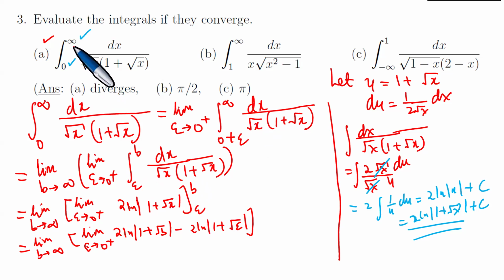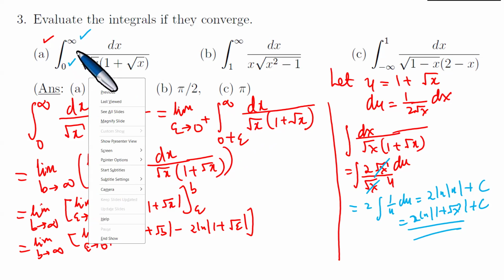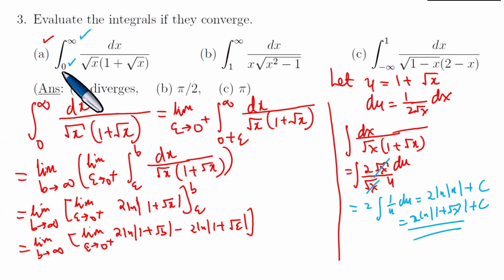integrals that have a limit of integration as infinity are improper because of the infinity as a limit of integration. Because of that, we must always replace the infinity by a b, because it's an improper integral of the first kind. But again, this one is also an improper integral of the second kind. So it's like 2 in 1, 2 challenges in one problem. What is the first challenge?